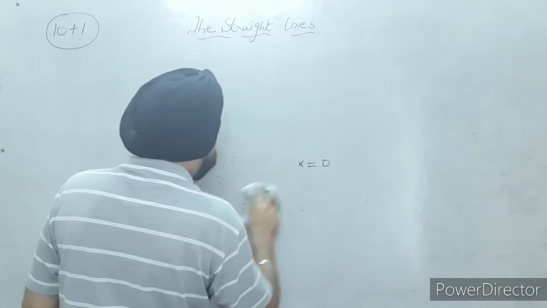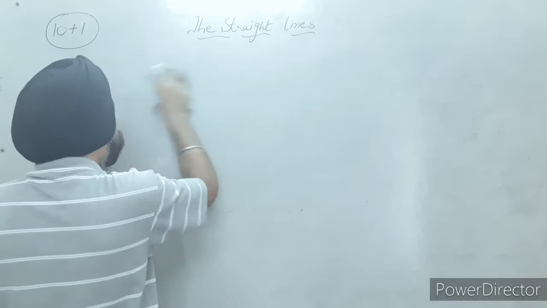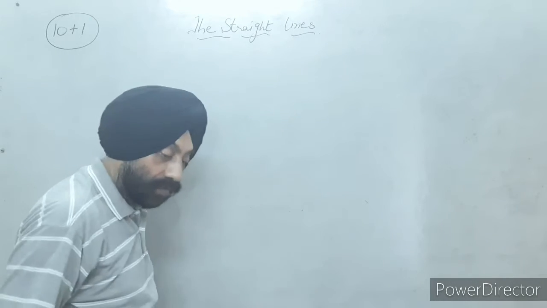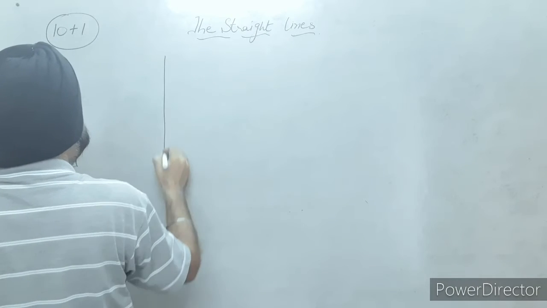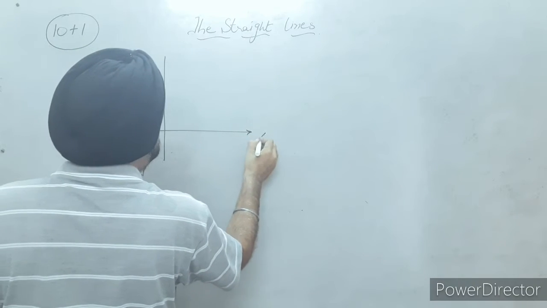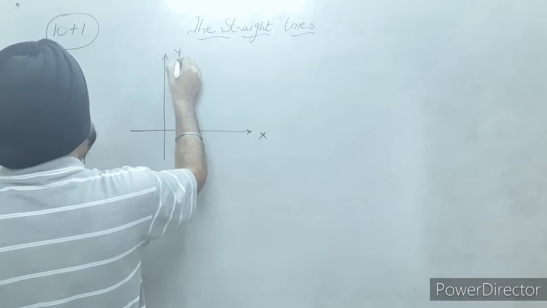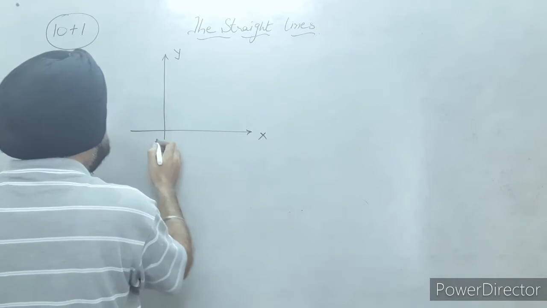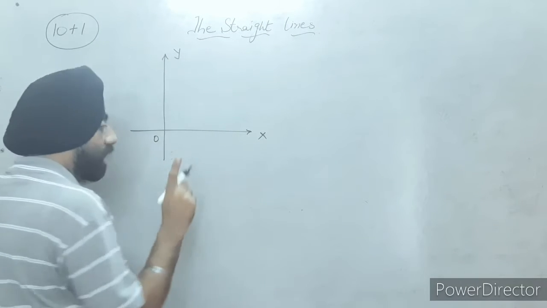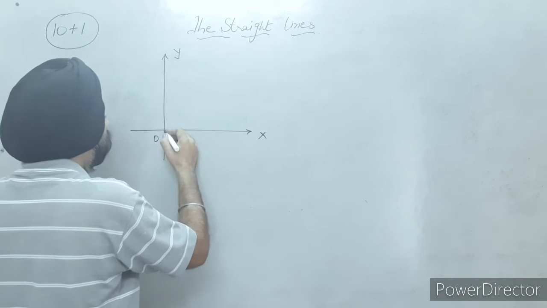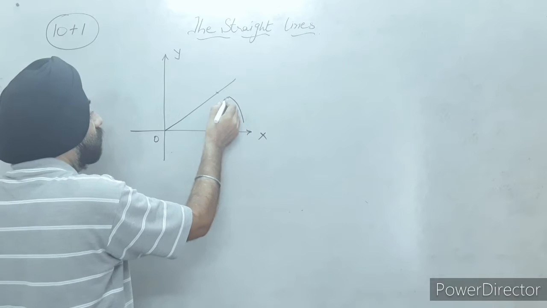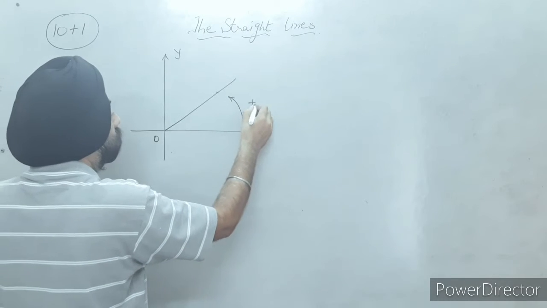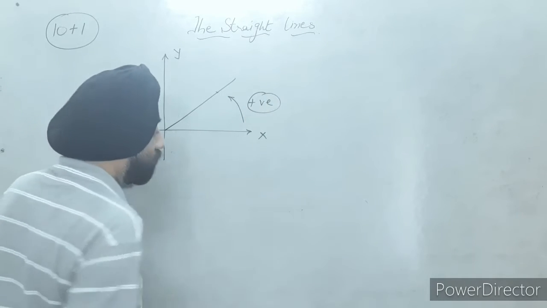But before that, I would like to explain how we find the slope, what is the inclination, and so on. Now I have this Cartesian system, that is x-axis and y-axis. This is your positive x-axis, right? The angle which we measure is always from the x-axis and is in the anti-clockwise direction, because this direction is taken as positive.